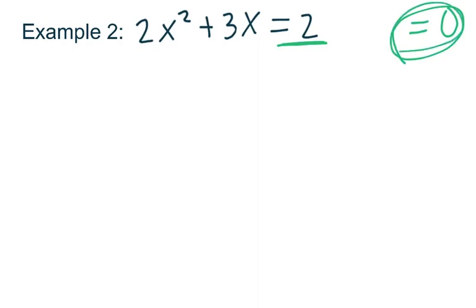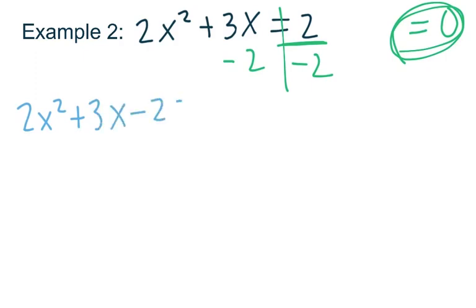So how can we get this to equal 0? We can move that 2 over by subtracting 2 from both sides. Then we would have 2x squared plus 3x minus 2 equals 0. And that's what we want, so we can go ahead and do diamond and box.